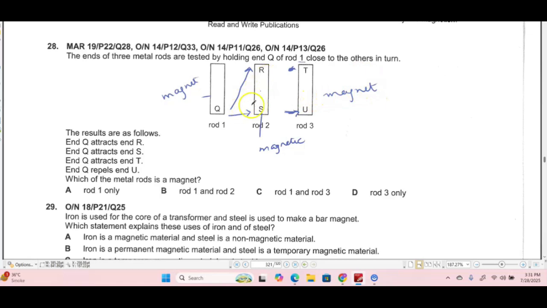Because both its ends were attracted to it, this is a simple magnetic material rod, made of iron maybe, or steel, or other magnetic materials that are attracted by a magnet.